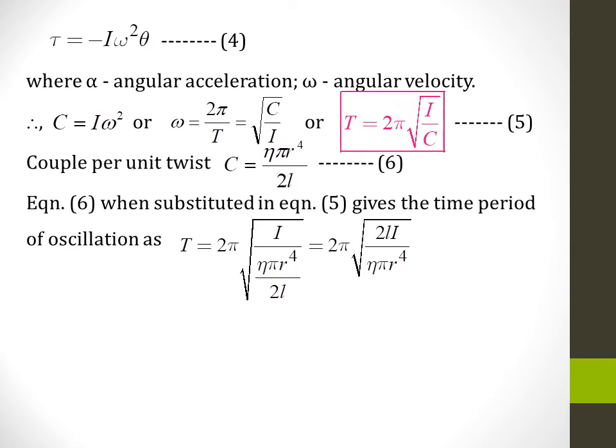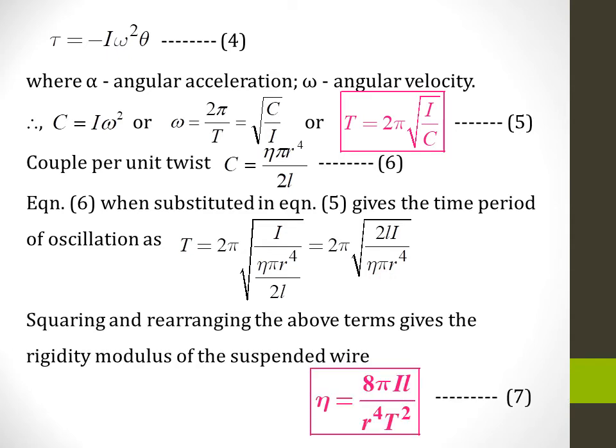From this equation, we substitute into equation 5, and on substitution we obtain T, the time period of the torsional oscillations, to be T is equal to 2 pi square root I divided by eta pi r power 4 divided by 2l. Rearranging the terms, we have T to be equal to 2 pi square root 2lI divided by eta pi r power 4.